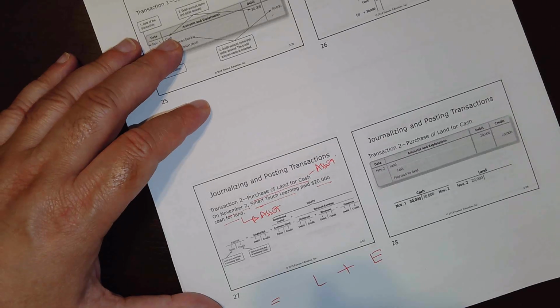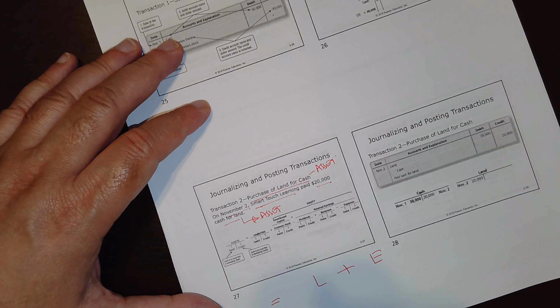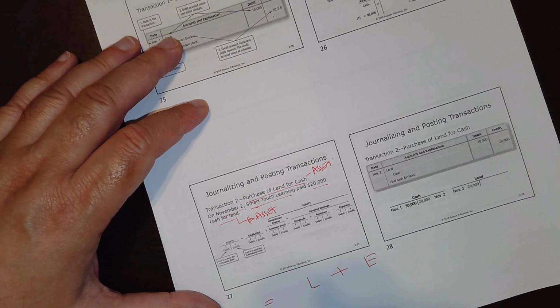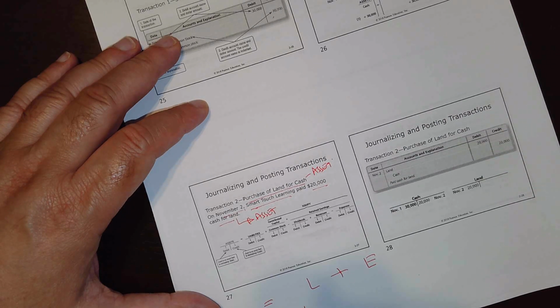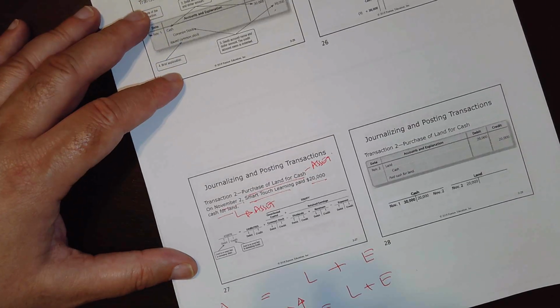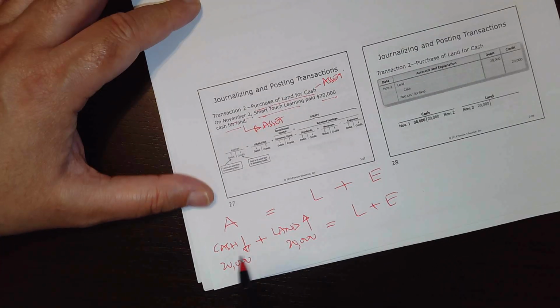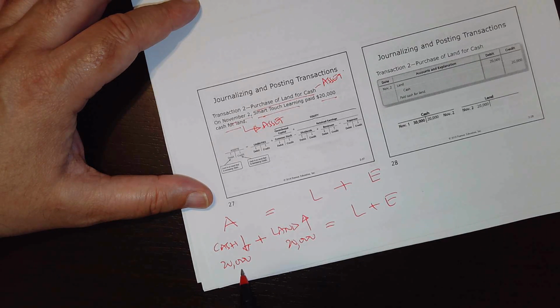So what we are saying is that my cash is down by $20,000. However, I have a piece of land that I purchased. It's up by $20,000. So the business is losing $20,000 cash, but gaining $20,000 worth of land. So we exchange one asset for another asset.